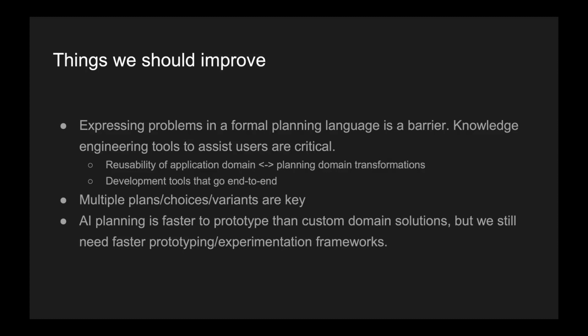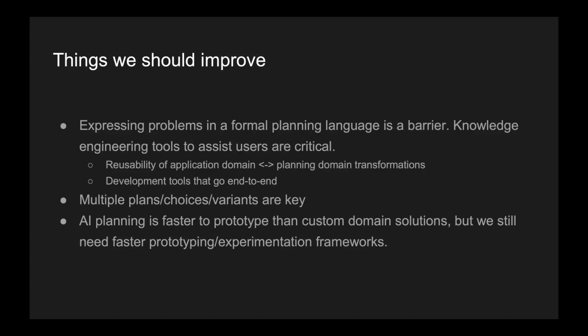There are always domain constraints that you can't easily express formally. So giving people multiple variants and letting them recognize which one is ideal for them is much easier than having them write those constraints formally. So that is key. And luckily enough, the community has picked up on it. We have some pretty good top K planners right now, some of which we developed, some of which are developed by others.